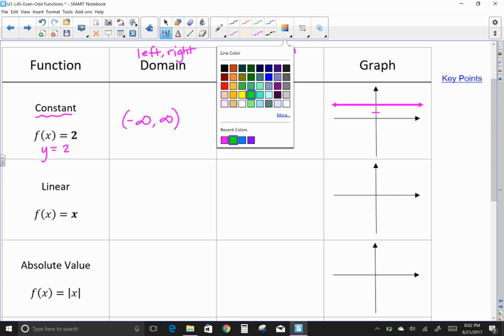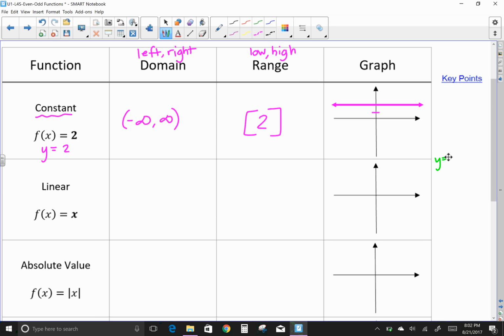Okay, the next one we have is linear, and the type of linear equation that you're familiar with, we talked about this a little bit since we've started school. You have y equals mx plus b, and y'all are able to tell me that m represents the slope and b is the y-intercept.